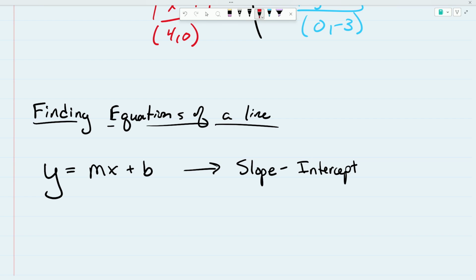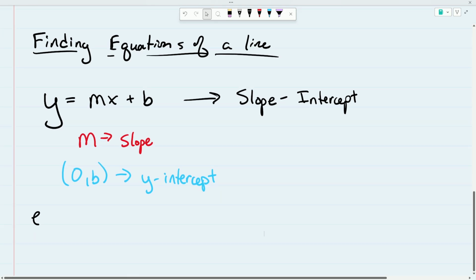So, for example, slope is going to be the letter m, and then the y-intercept, I'll write this in blue, is going to be 0 comma b. All right.